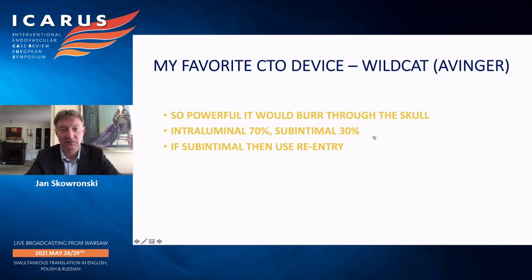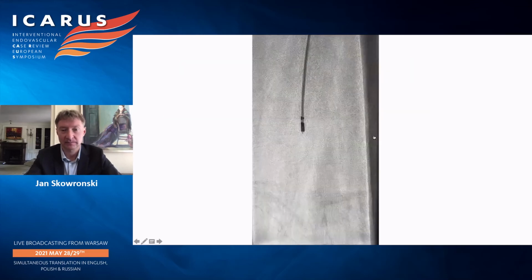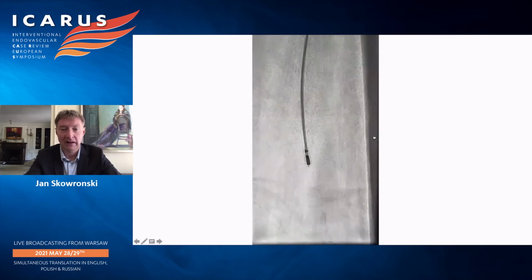And in fact, you can push through anything, and probably you will stay intraluminal in about 70% of cases, and subintimal in 30% of cases. Well, if you're subintimal, then you go back to the reentry device. This is just an example of a 035 glide wire and the CTO Wildcat catheter going through a calcified chronic occlusion.